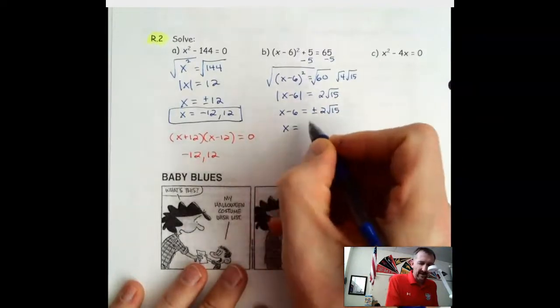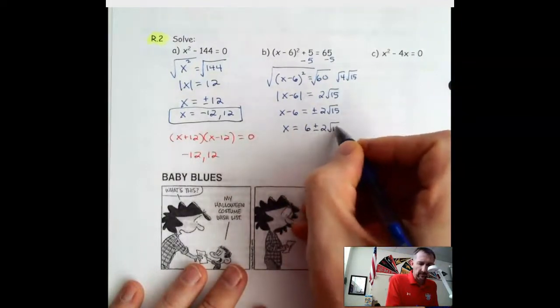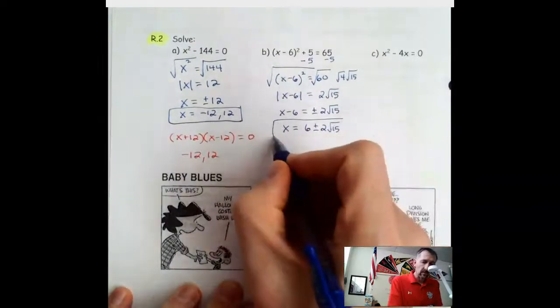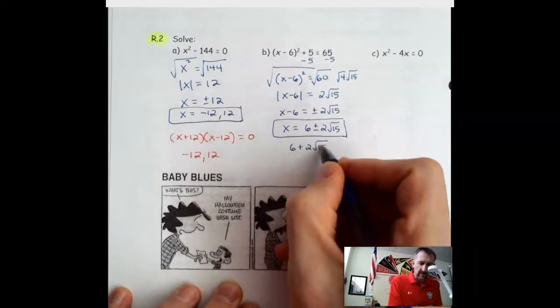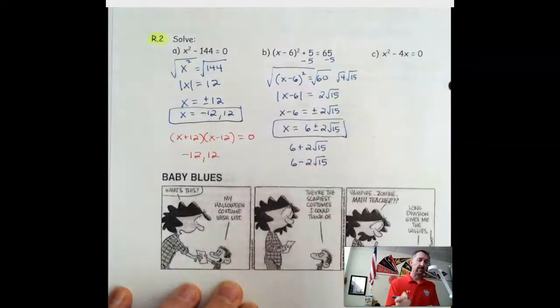And then we're going to add 6 to both sides. Now again, just to reiterate, don't forget that means this and that. It's two answers. Okay?